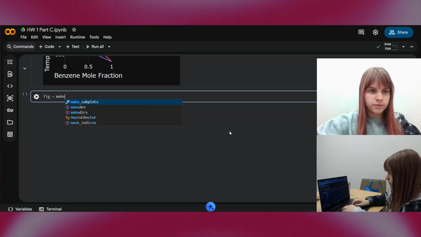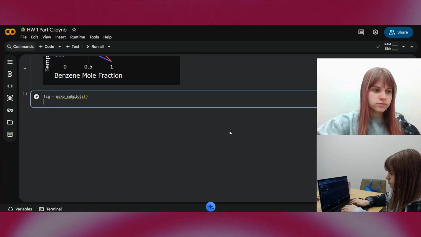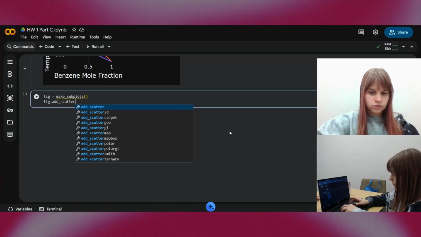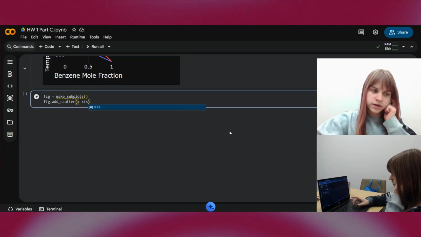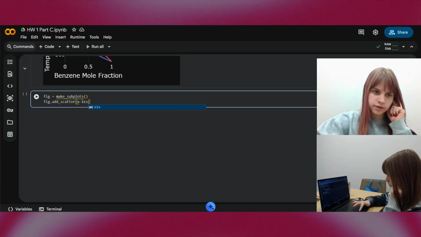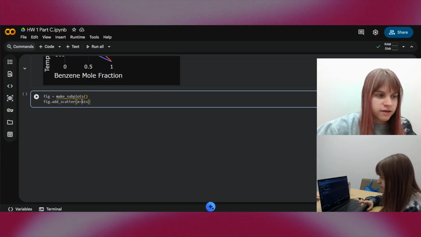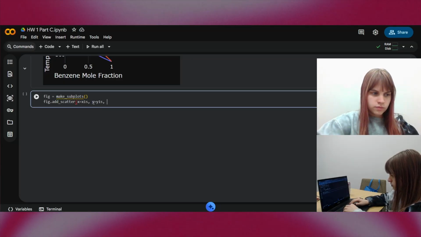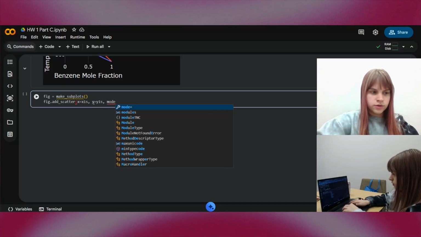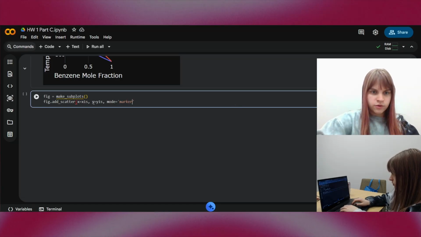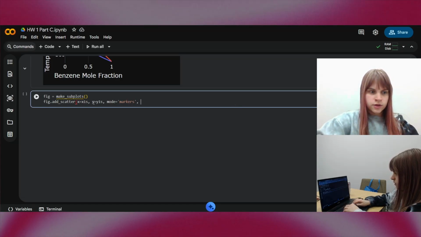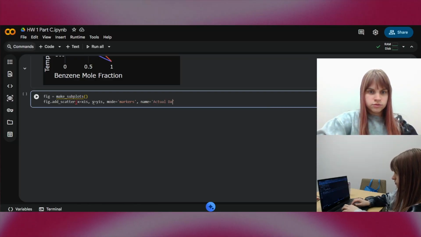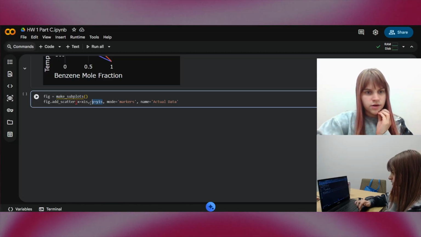So again, we're making the subplots, and we would like to add a scatter with x equals x1s, y equals y1s. The mode is going to be markers for this one, and we're going to call this the actual data. So this is what our actual data is.